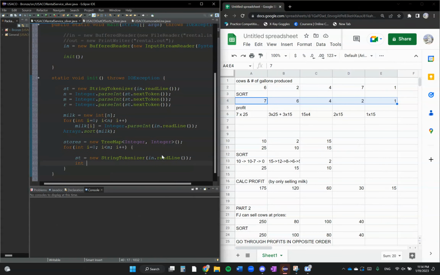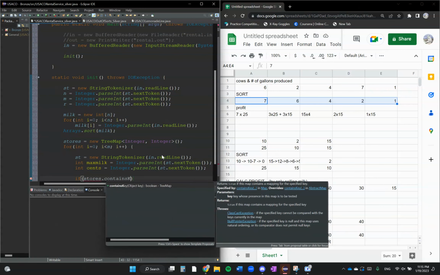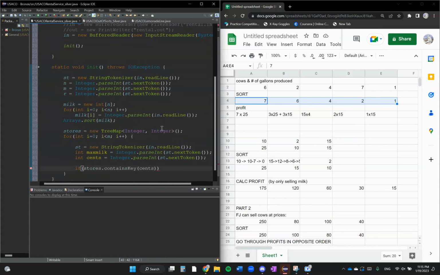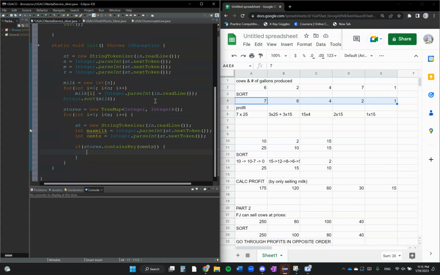So first, int max milk equals integer.parseInt(st.nextToken). Amount of cents equals the same. And then if the stores tree map already contains the key, so there's already another store that's willing to pay that amount, what we can do is simply add the amount of gallons each store is willing to buy together, because it doesn't really matter that they're separate stores.